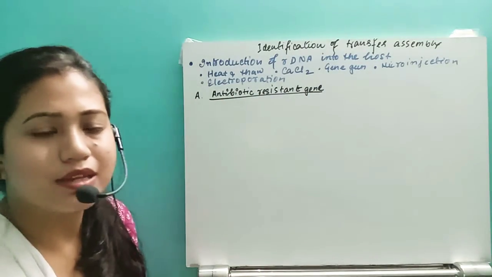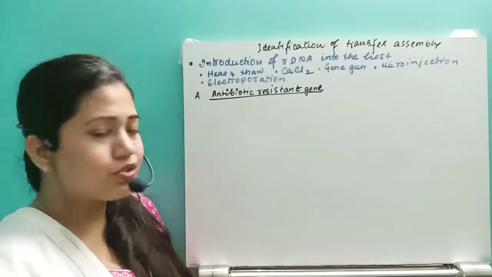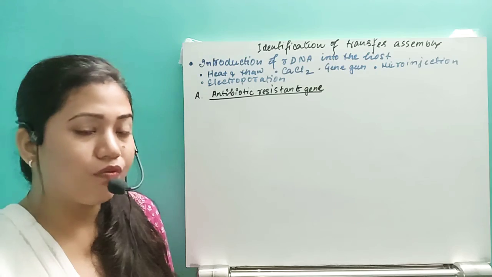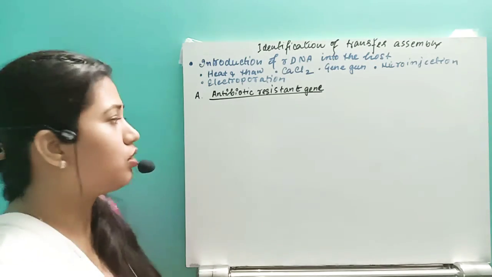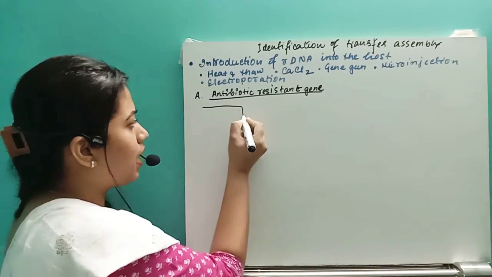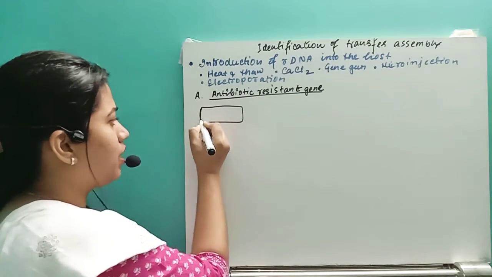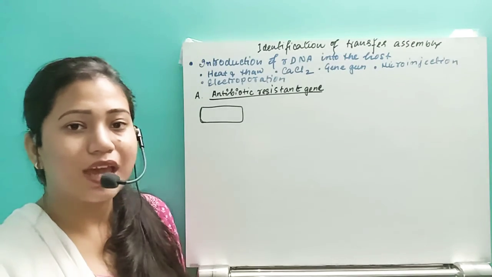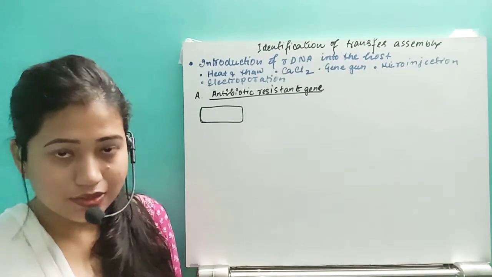What is the antibiotic resistant gene? First of all, suppose normally we have one E. coli. This E. coli doesn't have any type of antibiotic resistance.